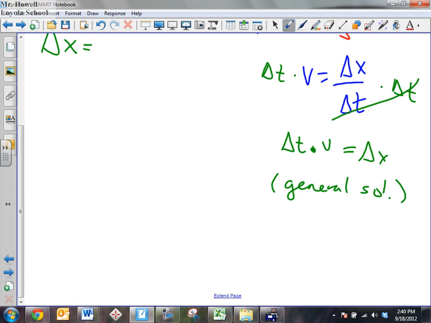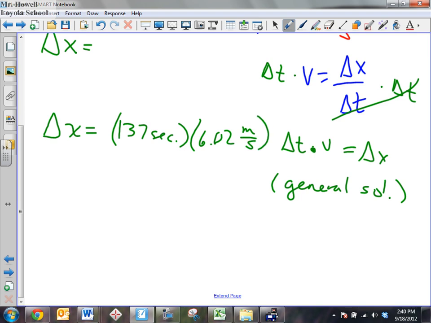Now, we need to think about the specific problem we're working on so we can find the specific solution. So we can now plug in numbers. Okay? Step me through. You do 137 seconds times 6.02 meters over seconds. Good. What do we get?